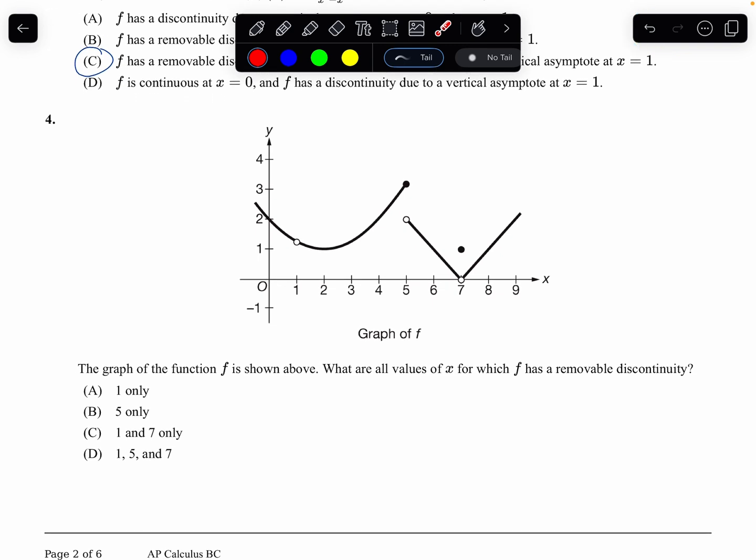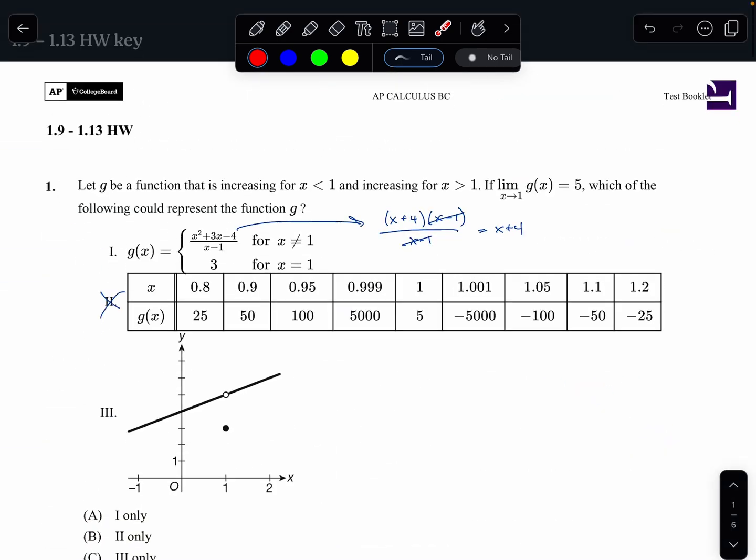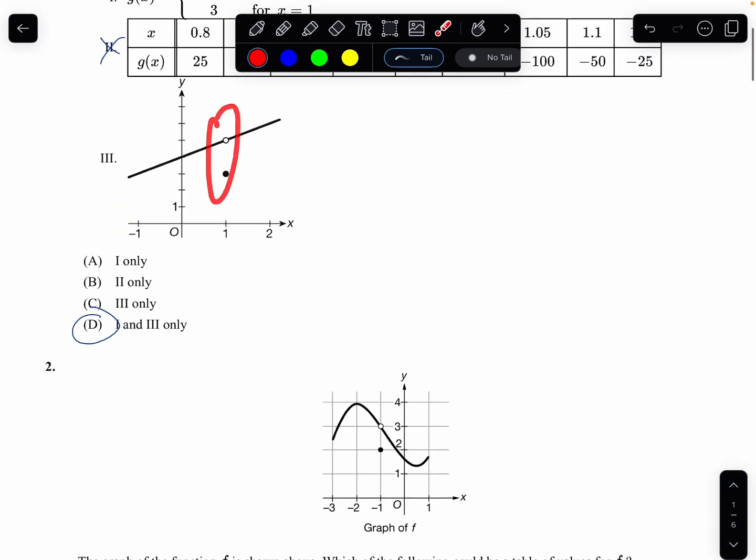Example 4, the graph of the function f is shown above. What are values of x for which f has a removable discontinuity? Okay, so removable discontinuity would be kind of like what you see both here and here, where the function could be defined somewhere else, but it could be redefined to be right here, thus making it continuous.